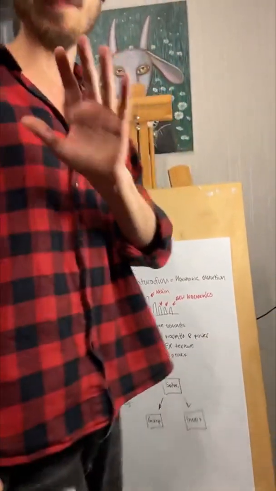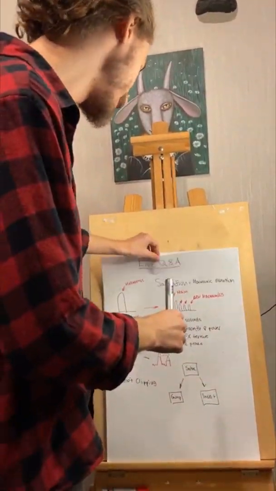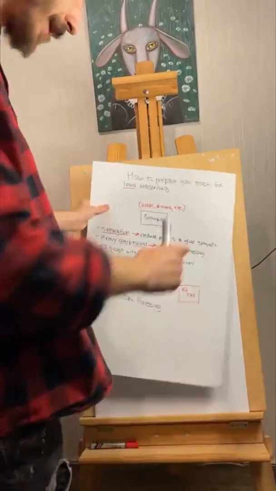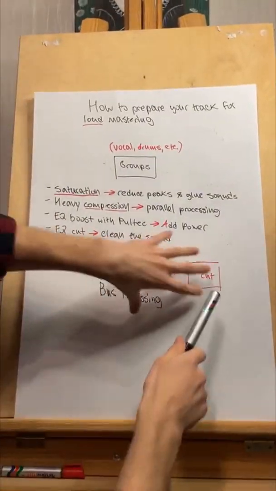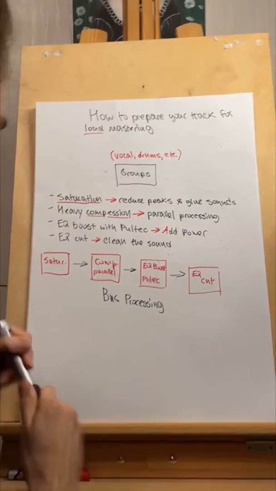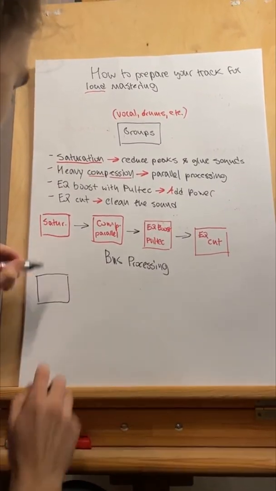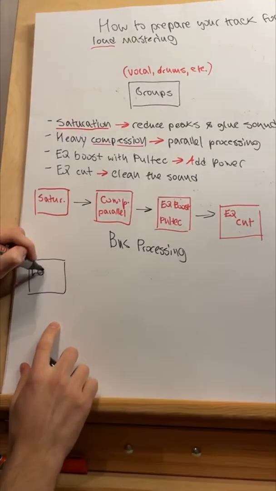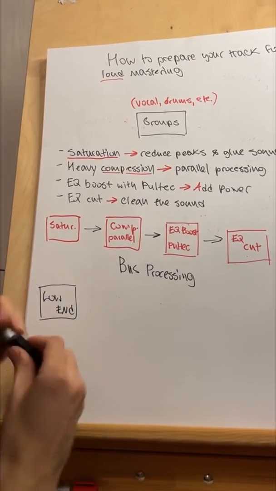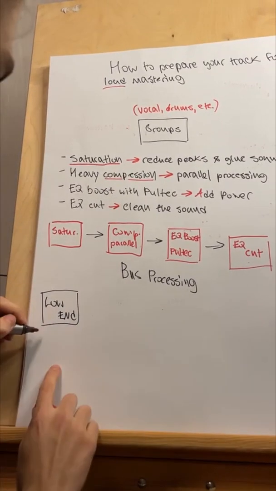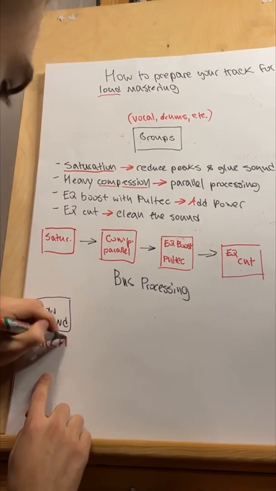No. What I'm talking about here is on the groups. Maybe I could use the same paper. Everything that I'm doing here goes to, for example, group number 1, the low end: the kick plus bass.